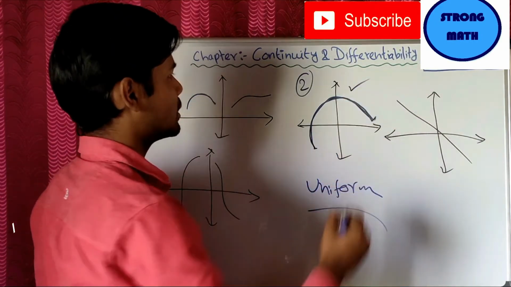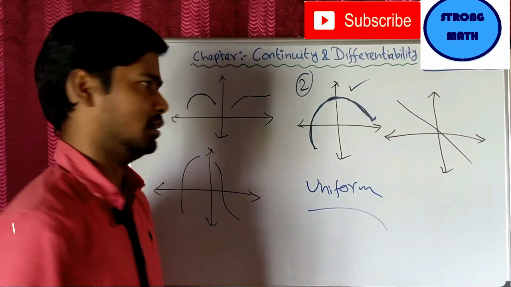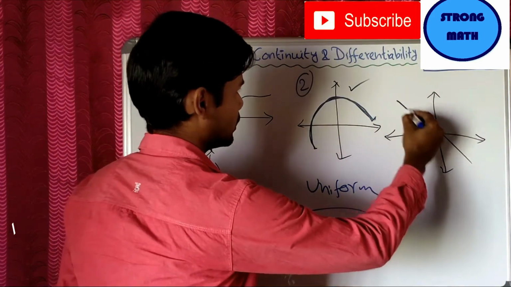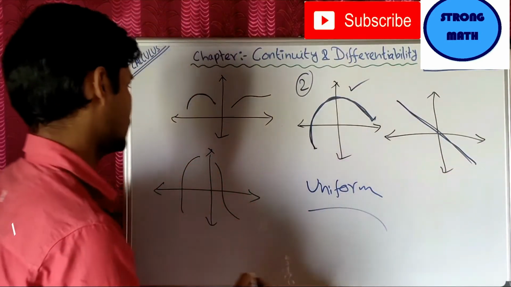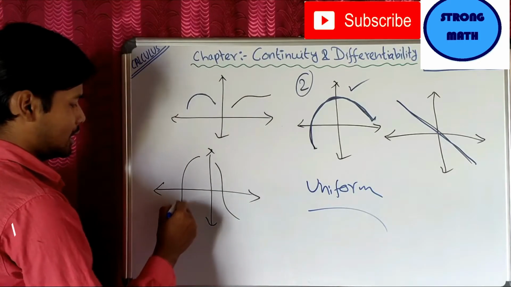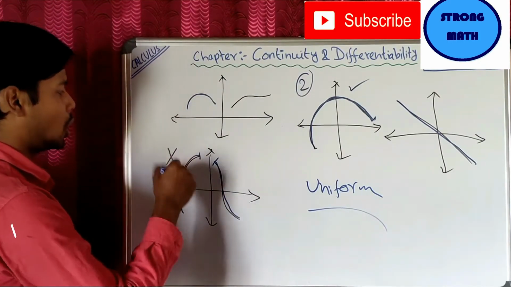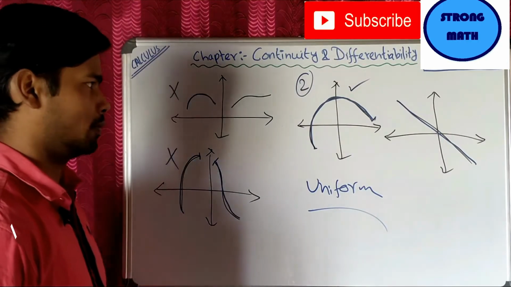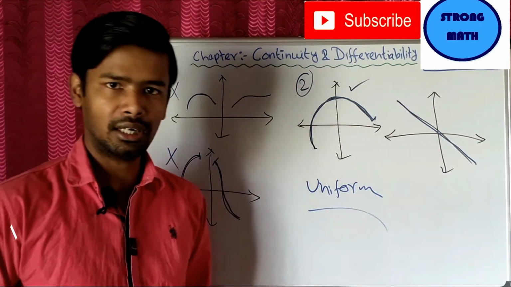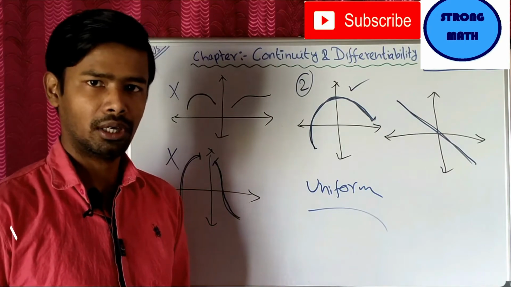So this is a continuous function. Similarly, this is also a continuous function, and as here there is a break in the graph, this is not a continuous function. I hope you can understand the basic concept of continuity.